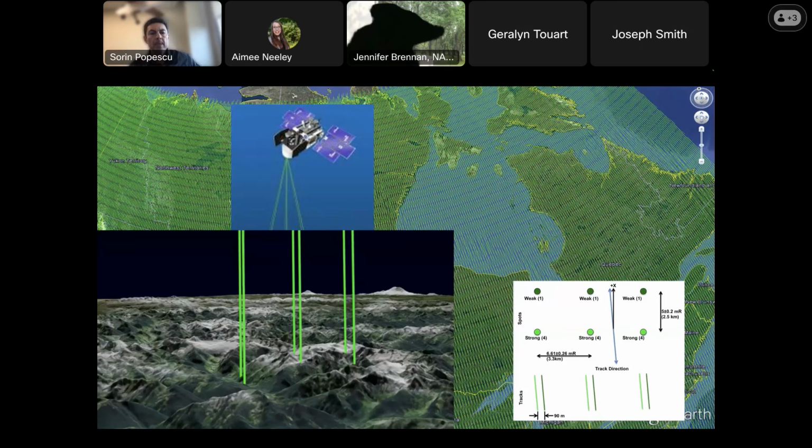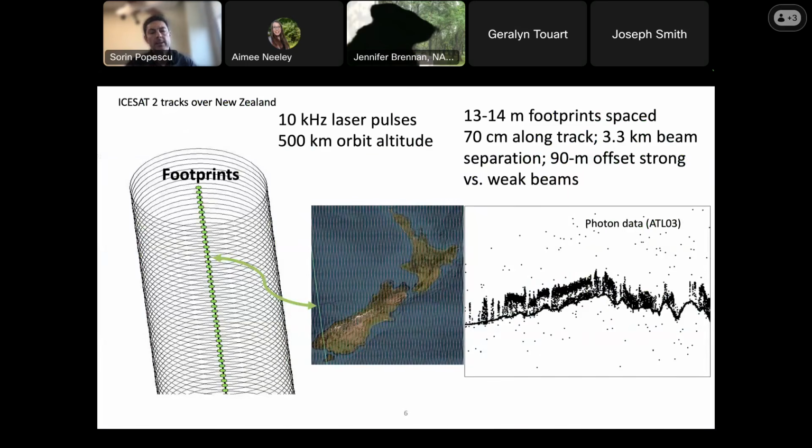So along track, there's a laser shot that is spaced every 70 centimeters. So you have a very dense along-track coverage of footprints, and every footprint can return maybe 2 to 3 photons.